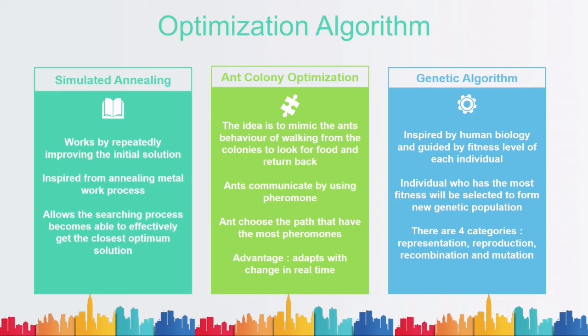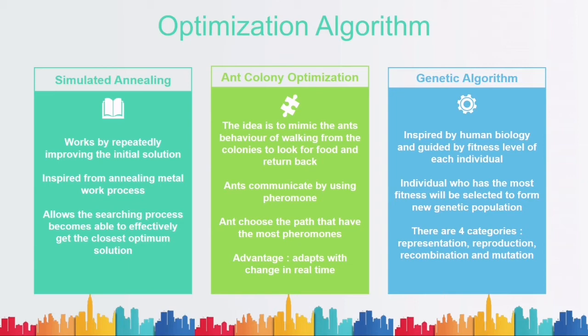For ant colony optimization, which is known as ACO, the idea of the algorithm is to mimic the ants' behavior of walking from the colony to look for food and return back. In the real world, when ants go out to find food, they wander randomly and then return to the colony, leaving a trail on the path they have traveled.